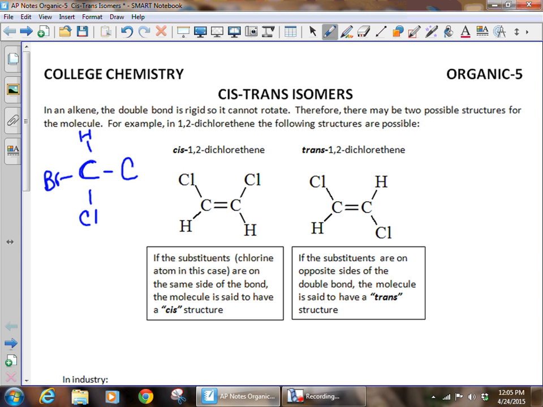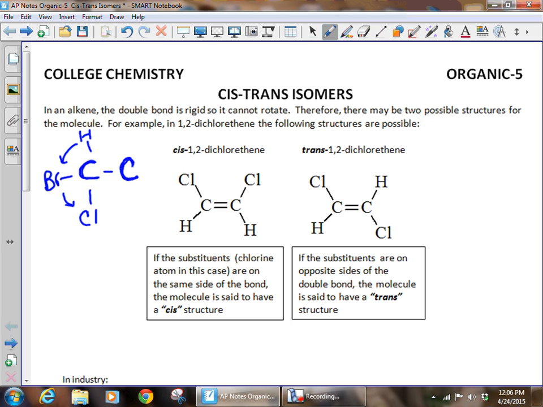Imagine these carbons being styrofoam balls that you just have a stick stuck into, attaching the 2 carbons together. Think about the fact that because it's just a single bond, and the model works perfectly with that stick, we can rotate these around and we can just spin those around.